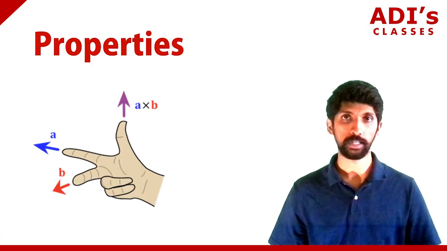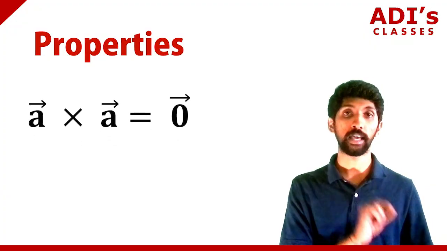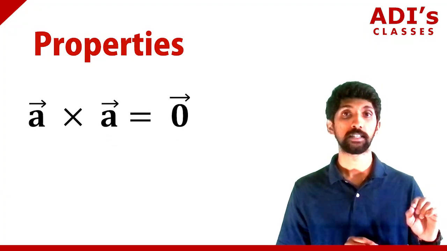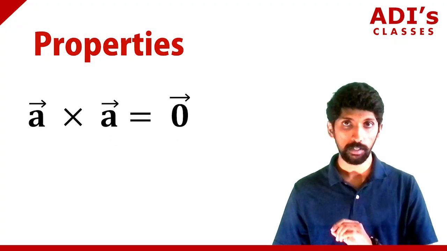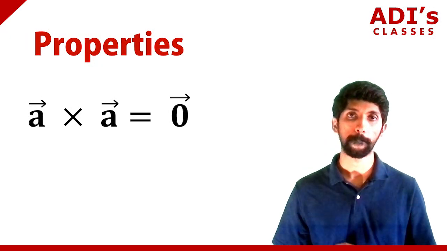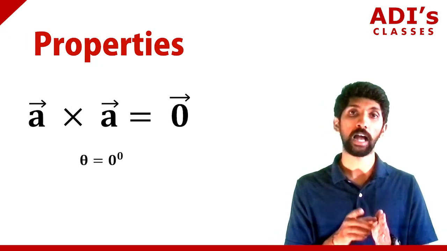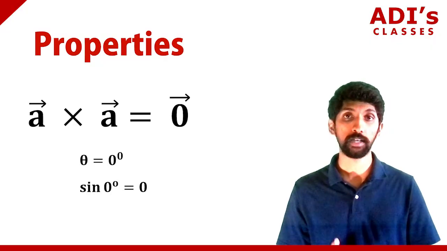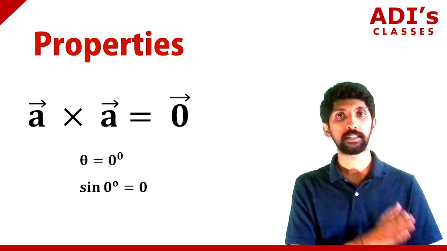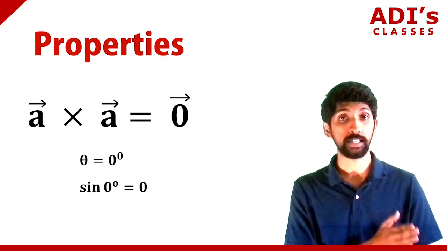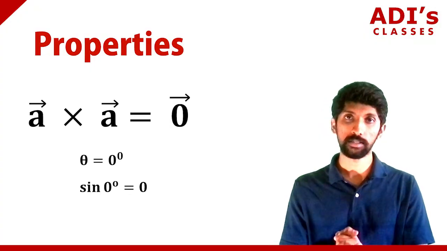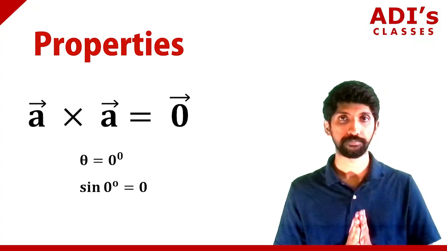The second property is that if we are doing A cross A, the same vector, then the cross product is 0. Why? What is the angle between vector A and vector A? It's the same vector, so theta is 0, correct? Sine 0 is 0. This is the reason A cross A is 0.